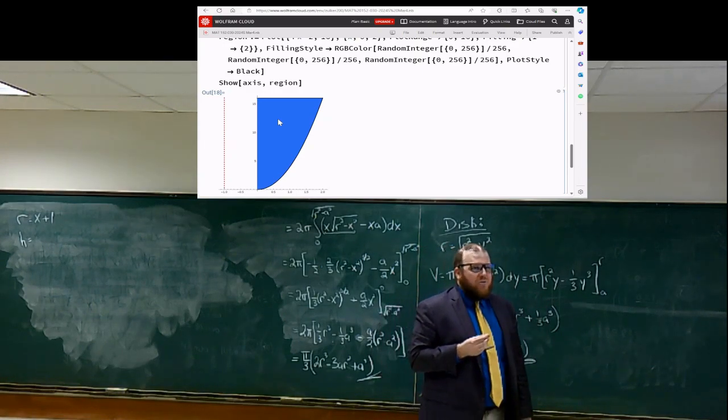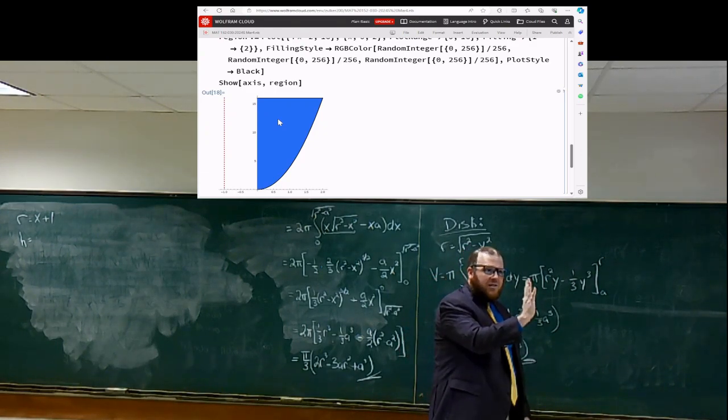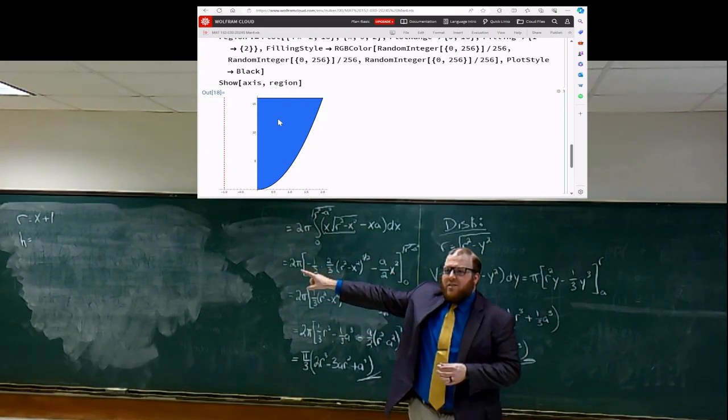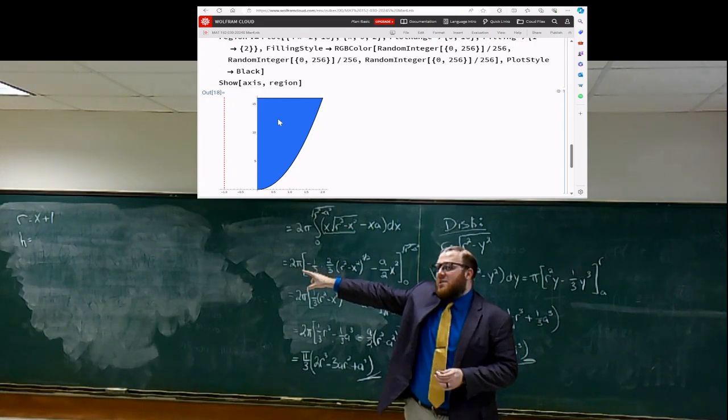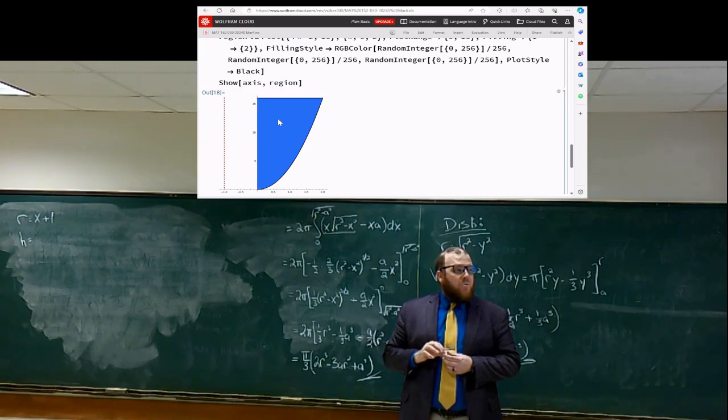You could also, in this case, shift the axes to the left 1. Notice that would change your radius. Your new radius would be x plus 1, right? Move to the left, so you add 1. It would not affect the height.